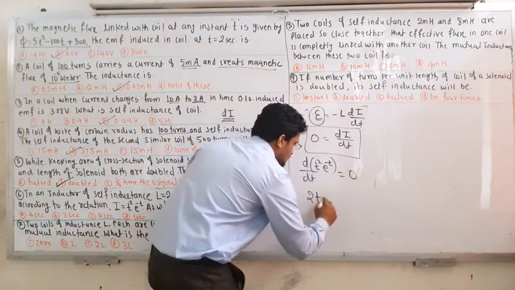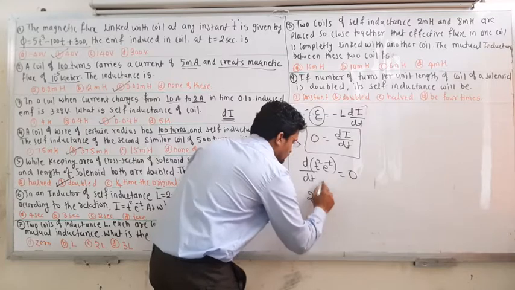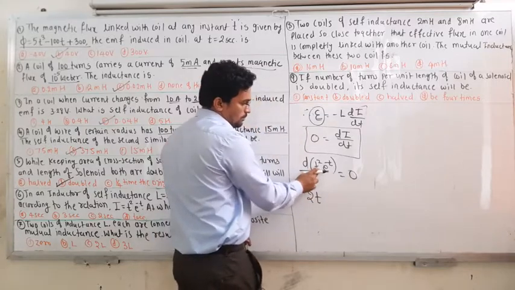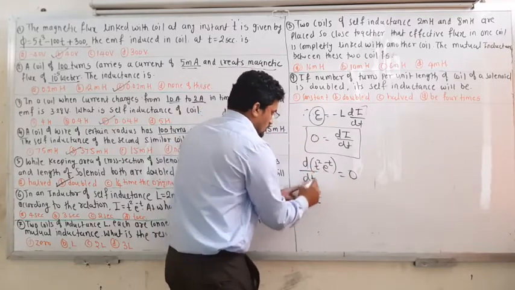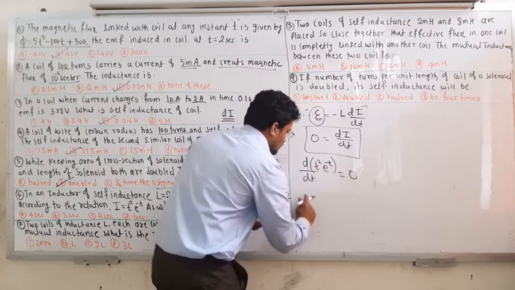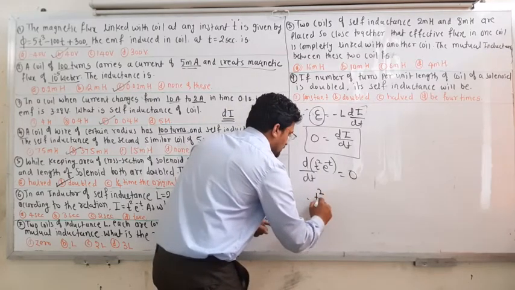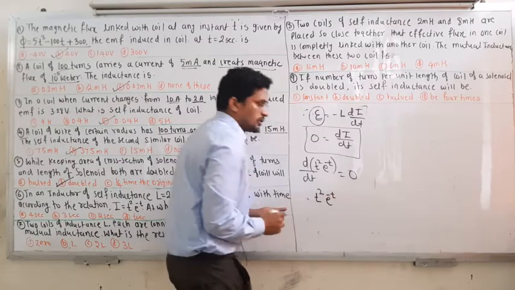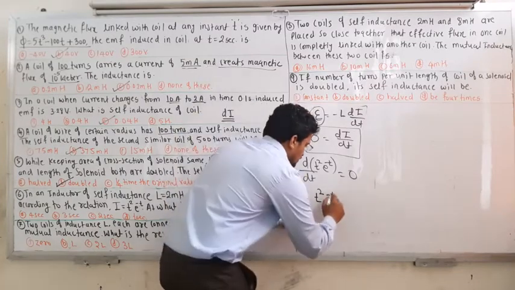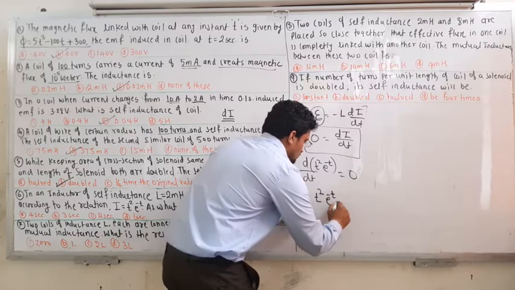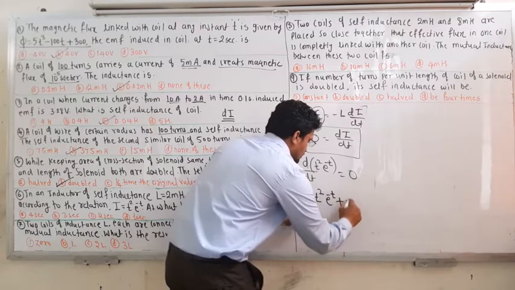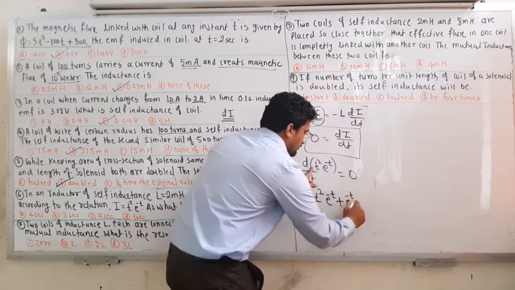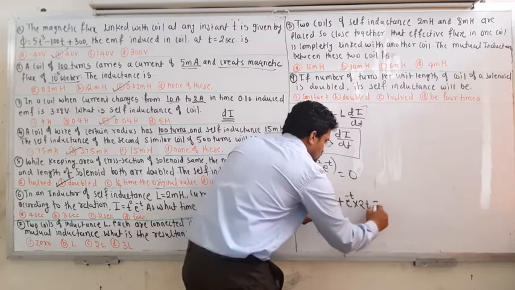Differentiation is... actually you have to apply the product rule. So I will keep this, so it makes t square, and then differentiation of this is minus t square e to the power of minus t, plus e to the power of minus t, and differentiation of this is 2t, equal to 0.